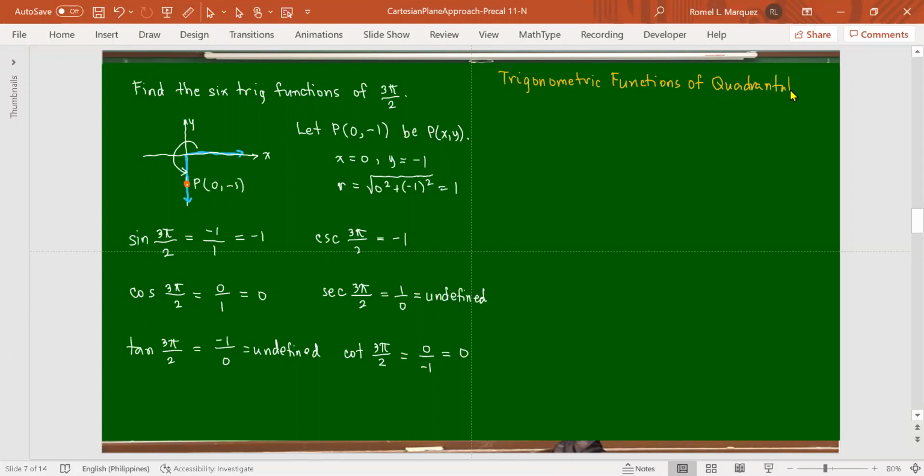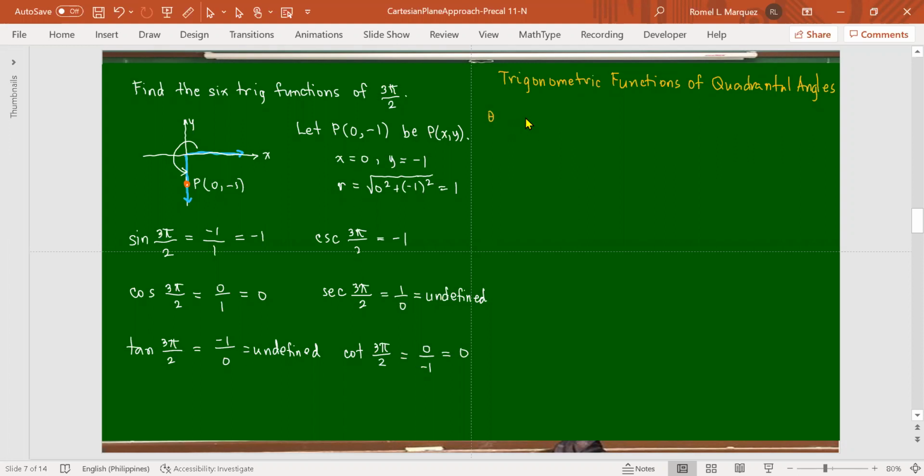What are those basic quadrantal angles that are positive together with 0? 0, 90, 180, 270, and 360. Once you know them, actually up to 270 only, there is no way for you not to know the functions of 360, -90, -270, because those are just coterminals of one of the basic quadrantal angles.